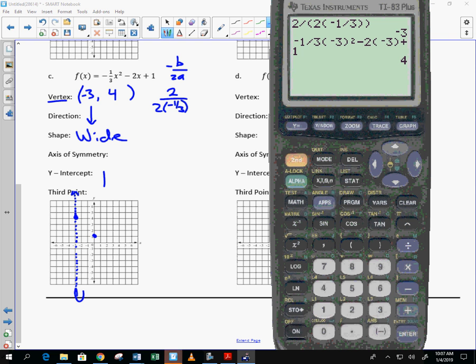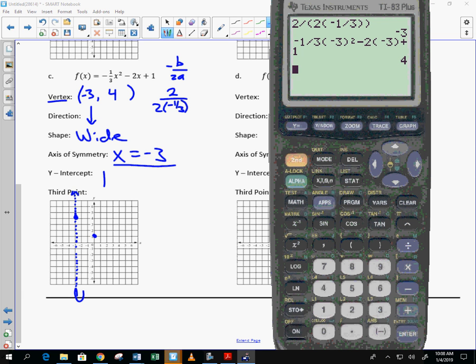Who can remember what the equation for that axis of symmetry is? Close. X equals negative 3. Make sure you don't write it just as a number. Write x equals, because it's actually an equation for a line. It's not a point, it's a line. And so we write the equation.